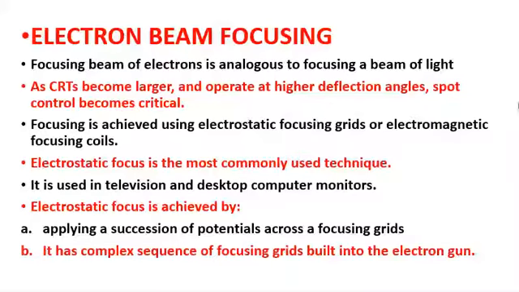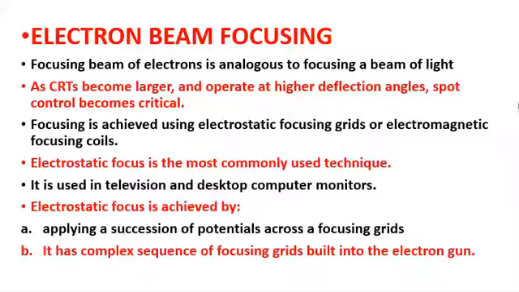And this focusing is achieved using 2 approaches. One is electrostatic focusing grids, and the other one is electromagnetic focusing coils. The first one is grid, and the second one is coil. The electrostatic focus is the most commonly used technique in CRT applications, and it is the one that has been used in television screens and of course the desktop computer monitors that are CRT in nature.